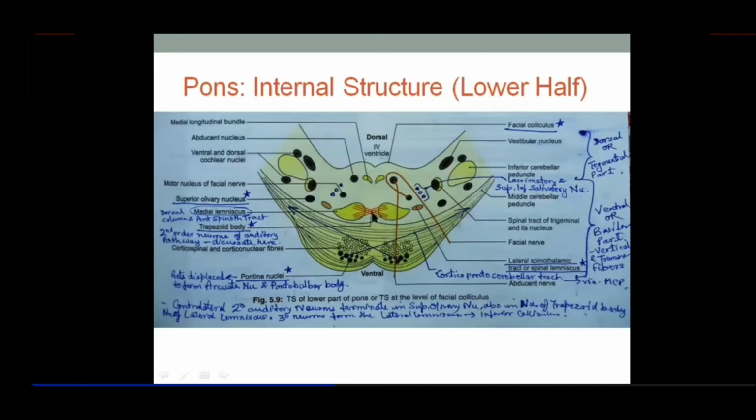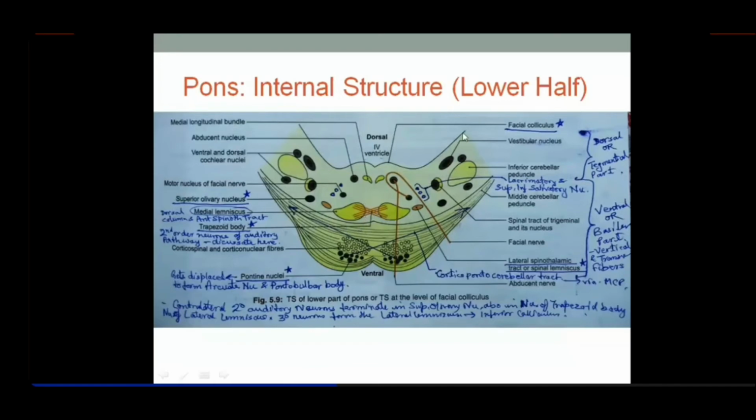While in its course, maximum fibers of the second order neurons pass to the opposite superior olivary nucleus in the auditory pathway. They also cross through this trapezoid body. It is also called the corpus trapezoideum, because there is also fine gray matter here, as a few of these second order neurons relay here in the trapezoid body.